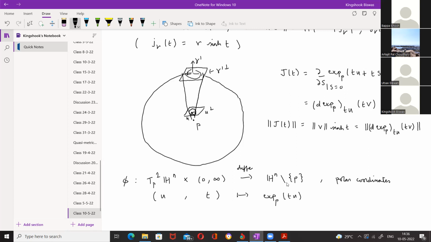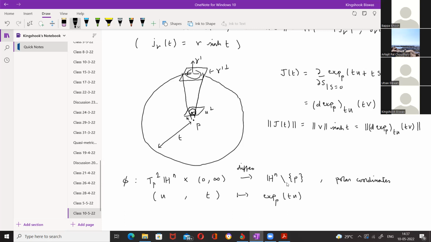By the Cartan-Hadamard theorem, this will be a diffeomorphism. Is this clear? This is the polar coordinate map, right? And this here is the sphere of radius t.